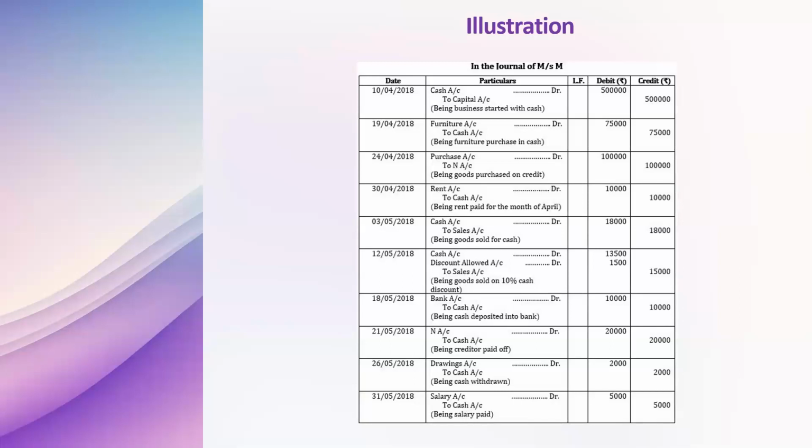Okay, the next transaction would be: bought goods for cash, 10,000. Bought means it's a purchase, a cash purchase.